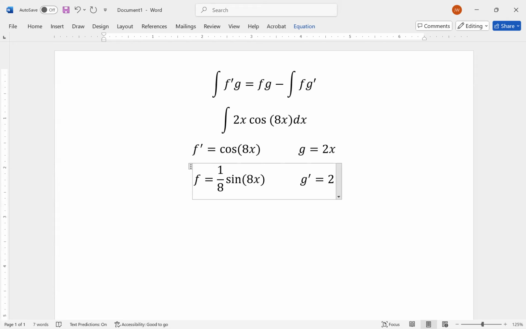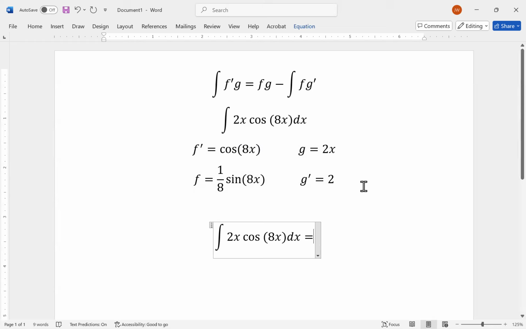If you forget how to do that, that was one of the things we saw in our substitution section. So if our argument is 8x instead of just x, then when you integrate, you divide by 8. But now we're ready to go.